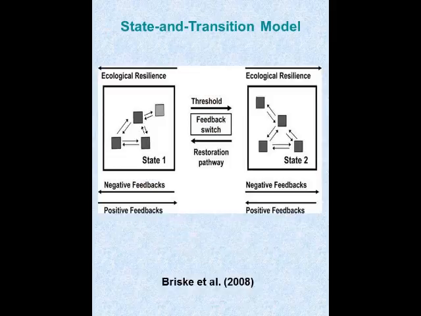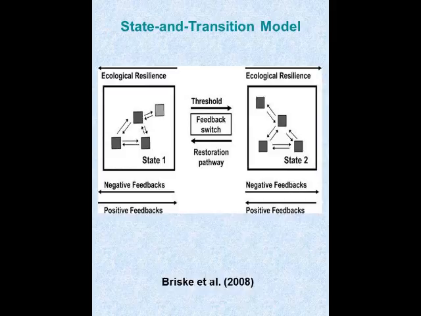So state and transition models, I'm sure many of you are familiar with these. Notice there are negative feedbacks and positive feedbacks, and Andrew talked quite a bit about plant soil feedbacks. There's a switch in the center that represents this threshold.